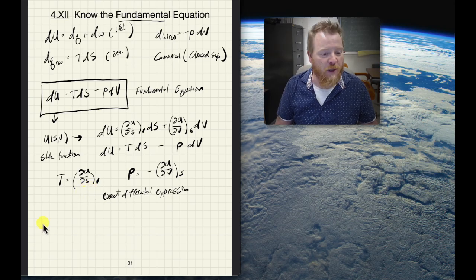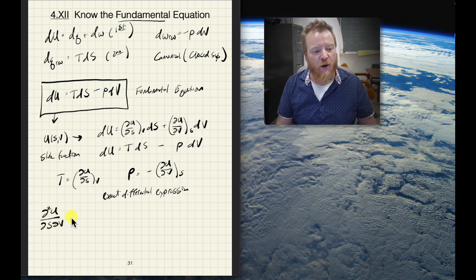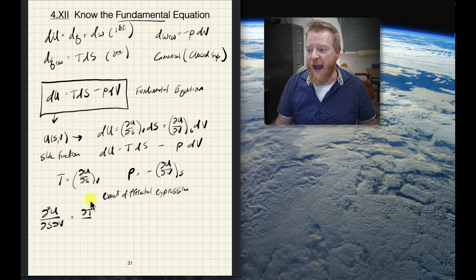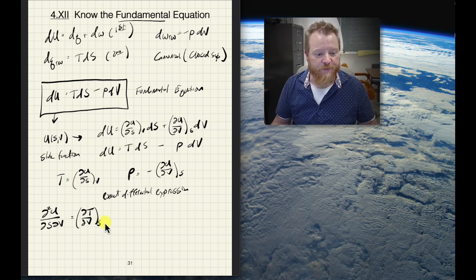And note the following. I'm going to say the second derivative of U with respect to changes in entropy and with respect to changes in volume equals. So now we've got to do that derivative for temperature. So that's going to be the partial of T, now with respect to V at constant S. So we switched that order.